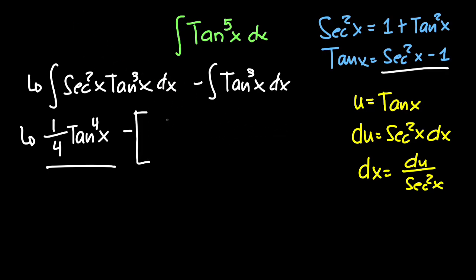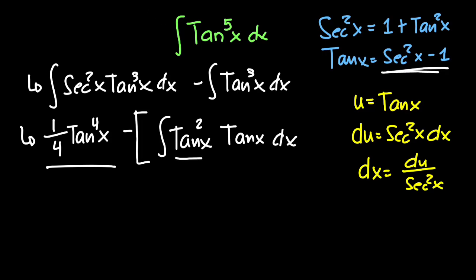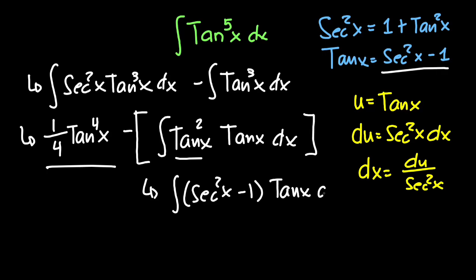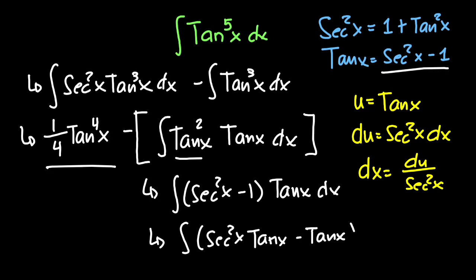Once again, factor out 1 tangent squared of x. And so, replace tangent squared of x with secant squared x minus 1. And so, distribute tangent of x. And now you can see here, we must split this integral again into 2 parts.